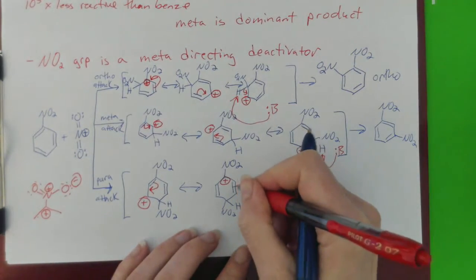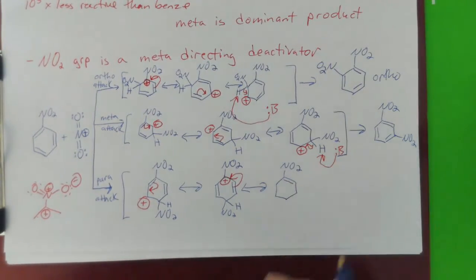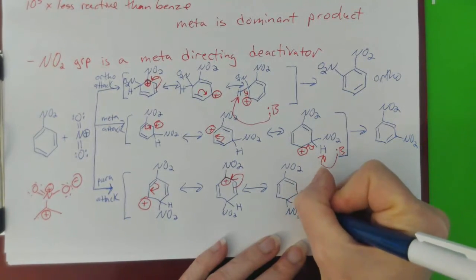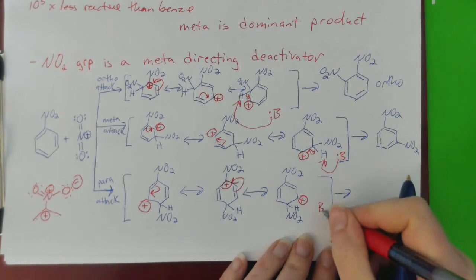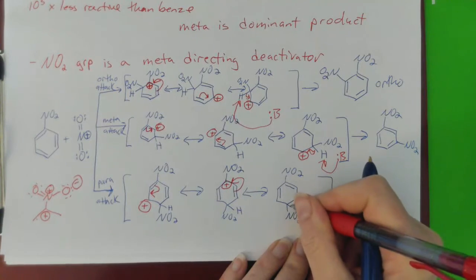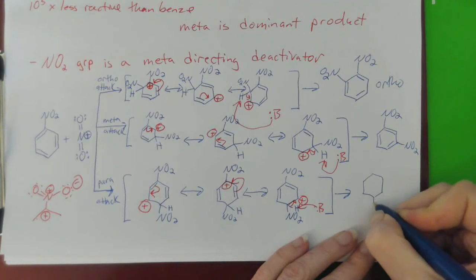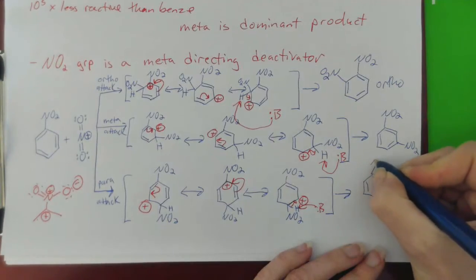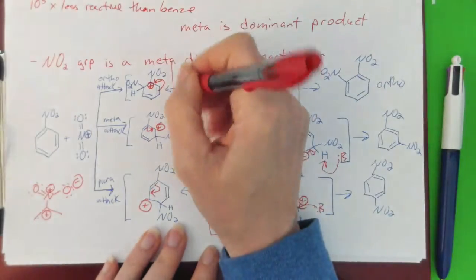Okay, I'll just continue that. So if I have this here, then my plus charge is right here. Okay, let's rip off that proton, reestablish aromaticity. Here is our para product. Okay, so notice that I'm going to just kind of put boxes around the important structures here.